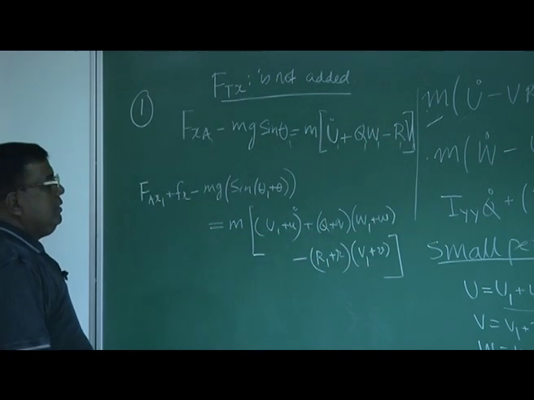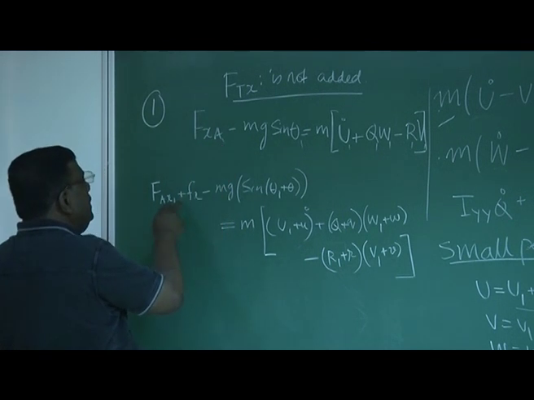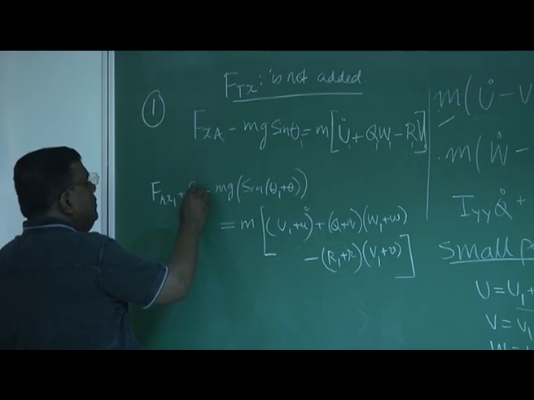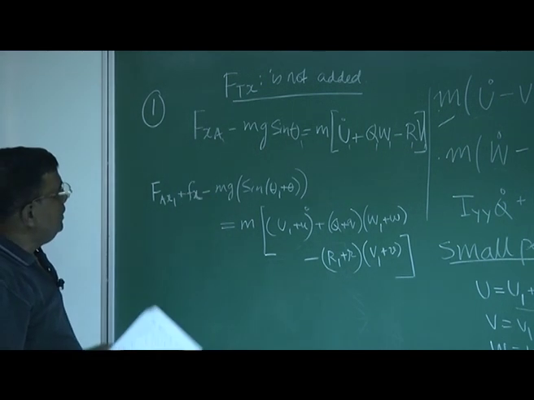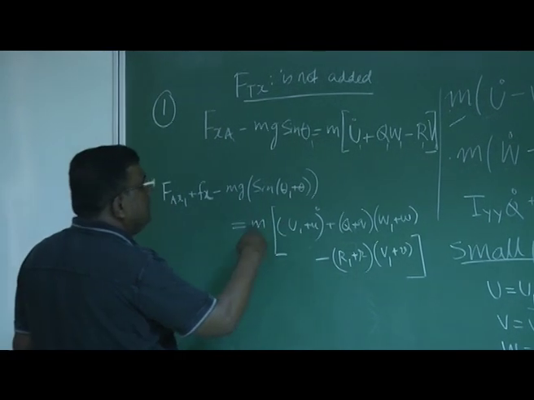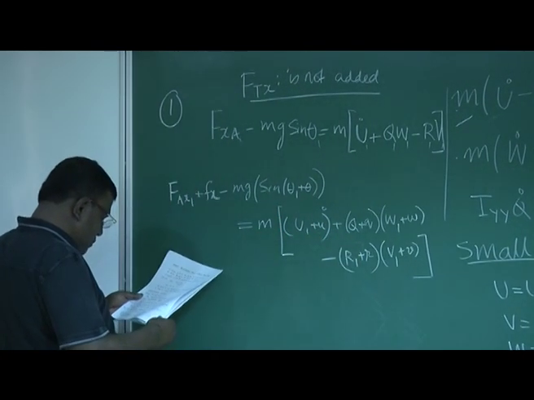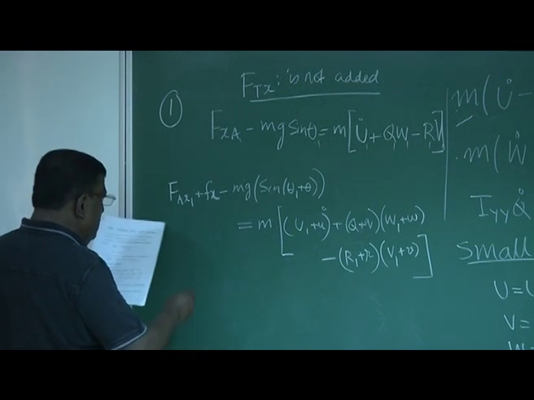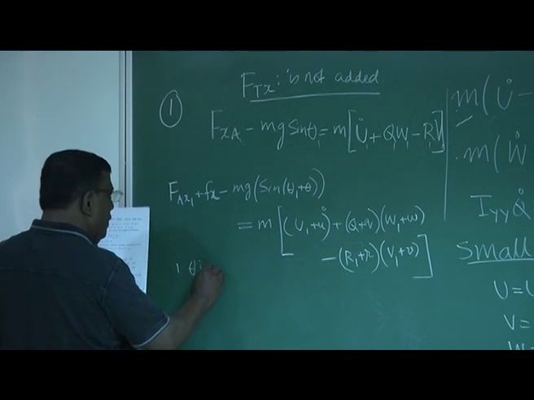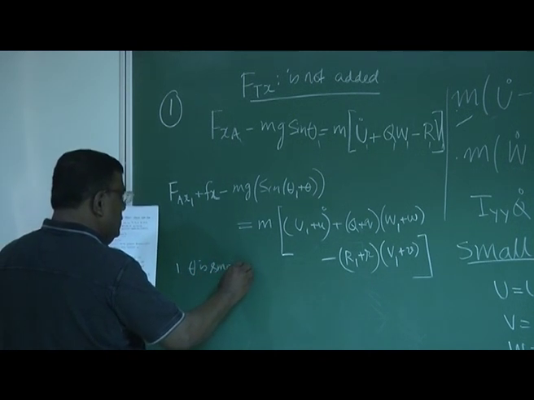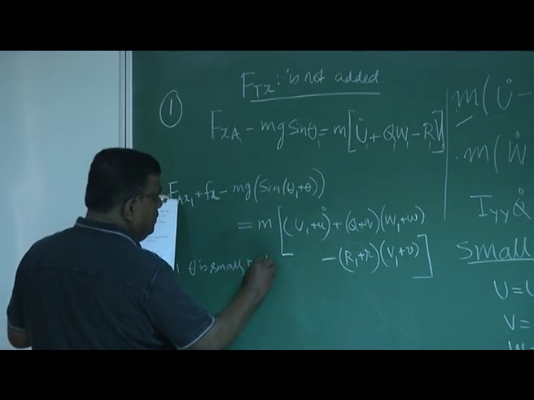But the moment I have given a disturbance, some perturbed aerodynamic force has come because of the perturbation. Now I can expand this by applying sine and all this multiplication. And then I will put approximations. Number one, theta is small, or rather, all perturbed quantities are small.